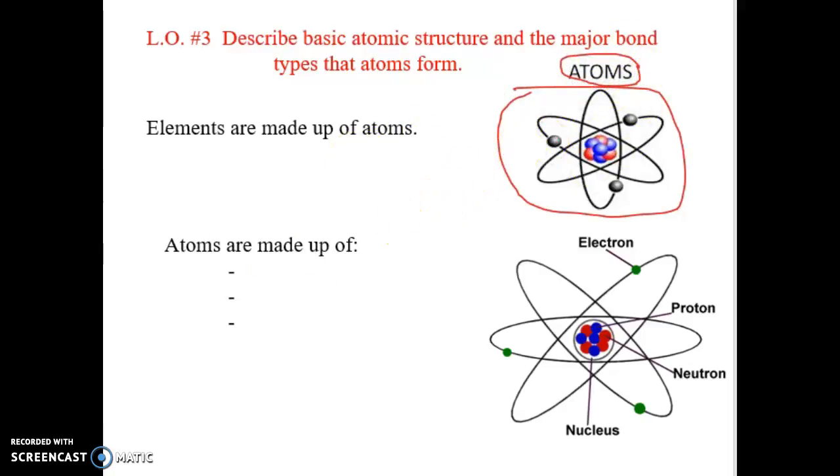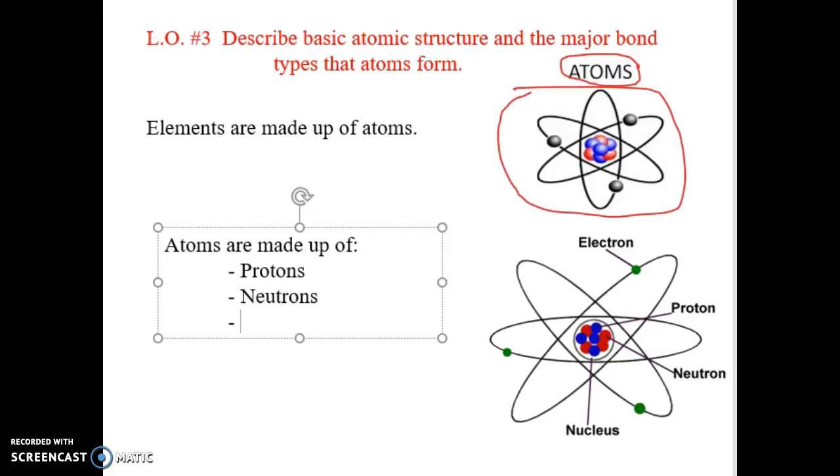Now, an atom itself is going to be made up of three different components. Atoms are made up of things called protons, things called neutrons, and things called electrons. Okay? Protons, neutrons, electrons.